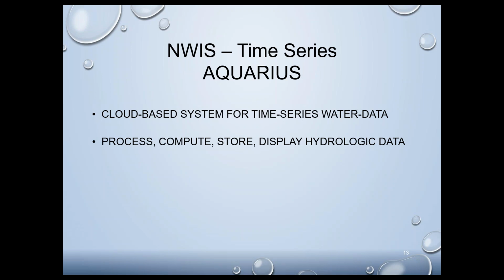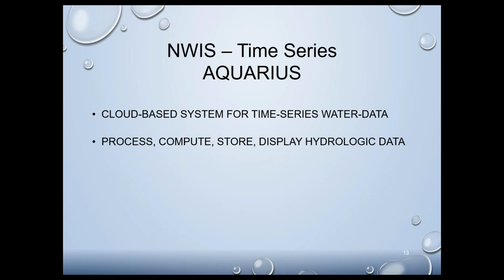As I mentioned earlier, the time series has been migrated over to a more modern system. This is a cloud-based system for time series water data. In AQUARIUS, we process, compute, store, and display our hydrologic data, and our data are pushed to the public from AQUARIUS. As a user, you really wouldn't know the difference between where your data are coming from, whether it is any of these individual systems.